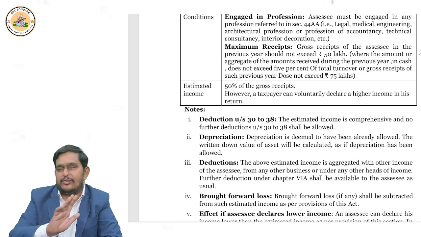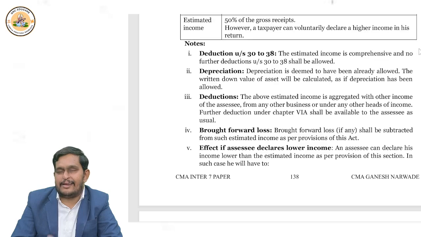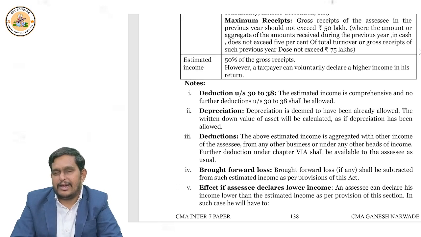No problem. There is no restriction. Set off of loss, can you claim it? The answer is yes. Because partnership firm is predominant here, can you claim partner's salary, commission, bonus as deduction, and interest paid to partner as deduction? The answer is absolutely yes.